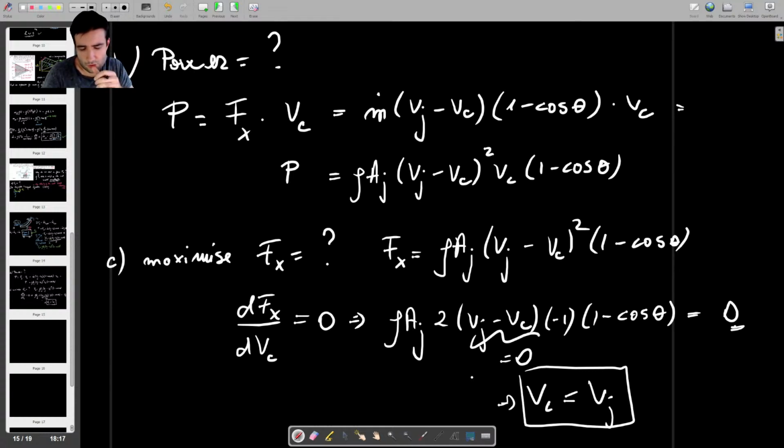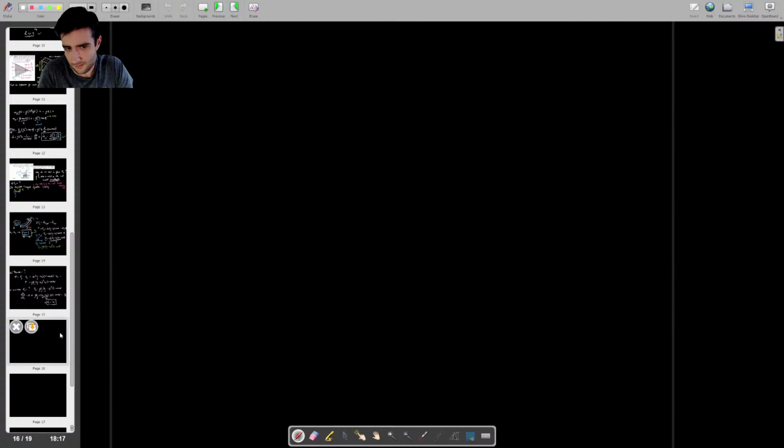So what we should try to do instead, yeah, so when Vc is equal to Vj, we have a stationary point, but it doesn't guarantee that the stationary point is what we're looking for, right? Because if you think about it, the velocity of the cart has to have certain bounds.